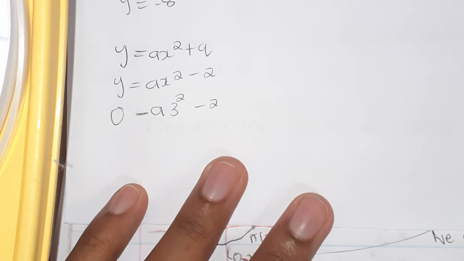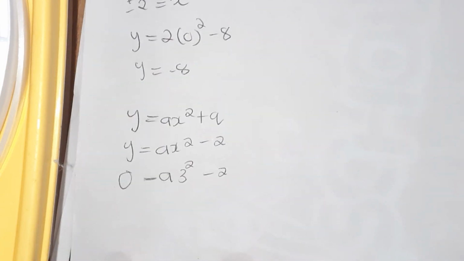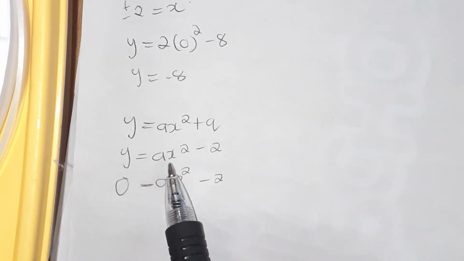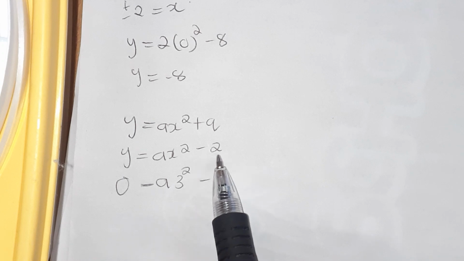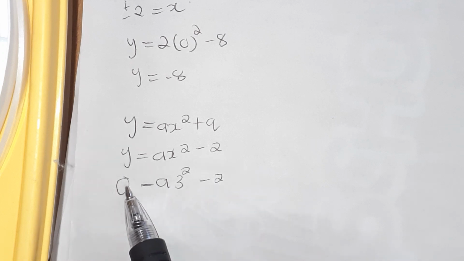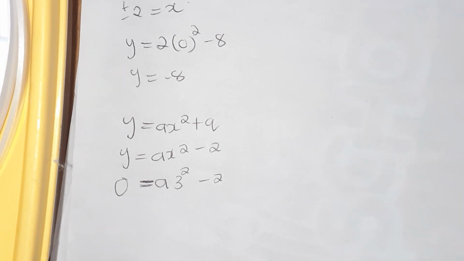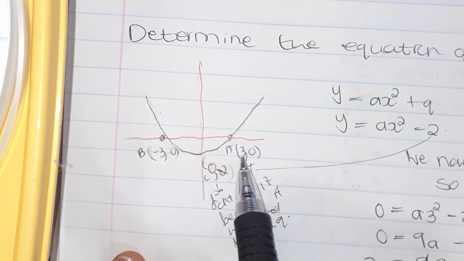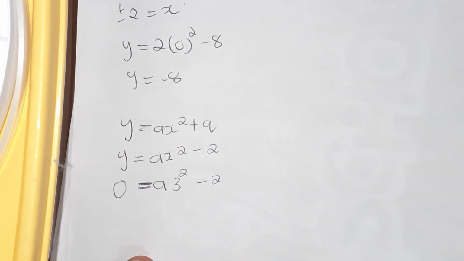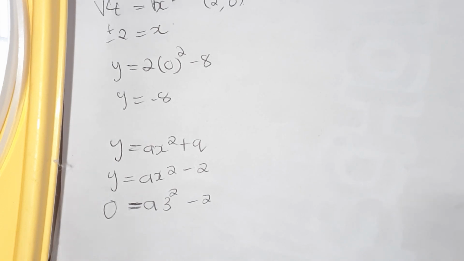I want to complete that question here. So it's ax squared minus 2, and then it's 0. We're going to substitute any points of the graph. So I have decided to substitute in the equation.